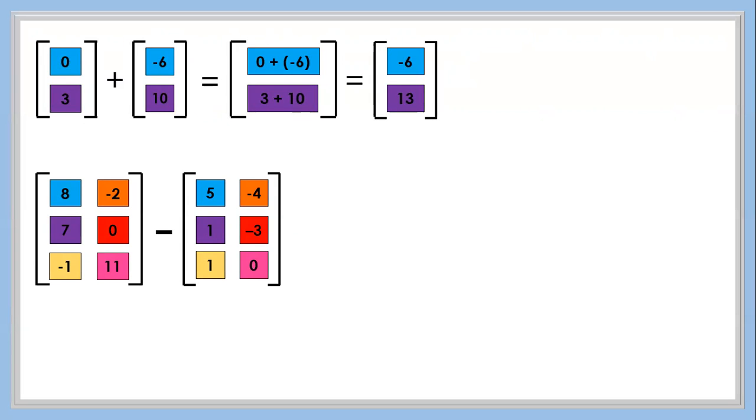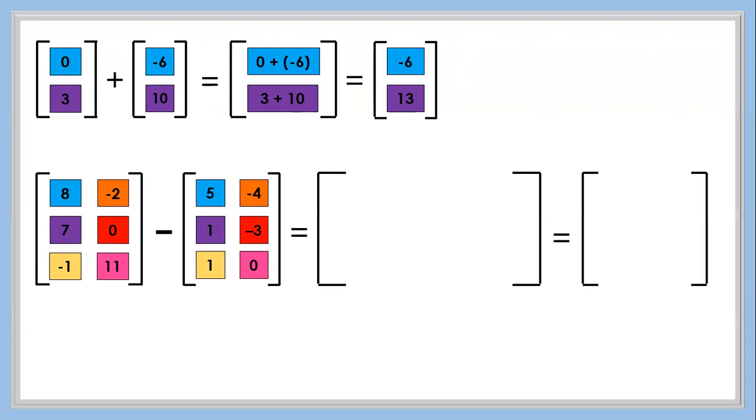The second matrix is also a 3 by 2. It has 3 rows and 2 columns. So let us subtract. So pause the video at this time and attempt this question. We will check your answer at the end of this slide.